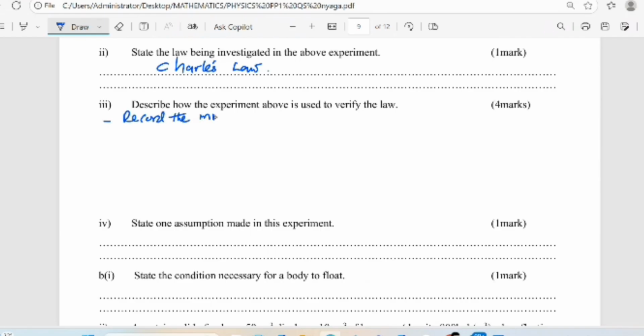So record the initial temperature and the corresponding length, and this length is the one that is giving us the volume of the air column.